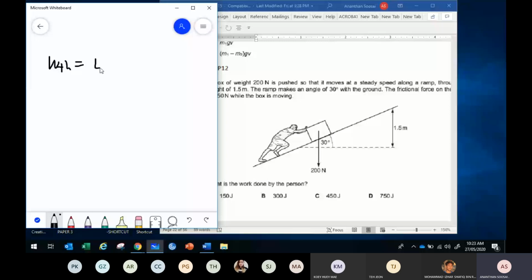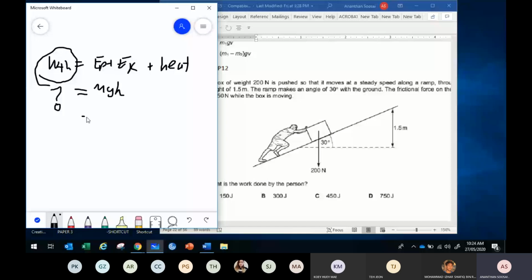Sorry, I have to repeat this many times so that you really understand this. Because the person is the thrust, we are looking for the work done by the thrust. So gain in potential energy. Because the vertical height is given, we can straight away use mgh. So in this case it is 200 times 1.5.